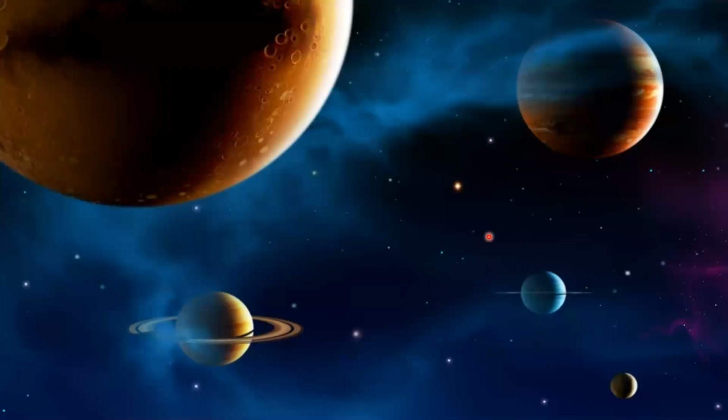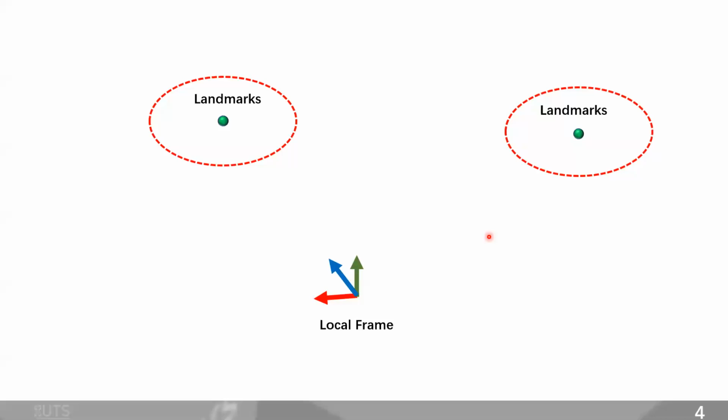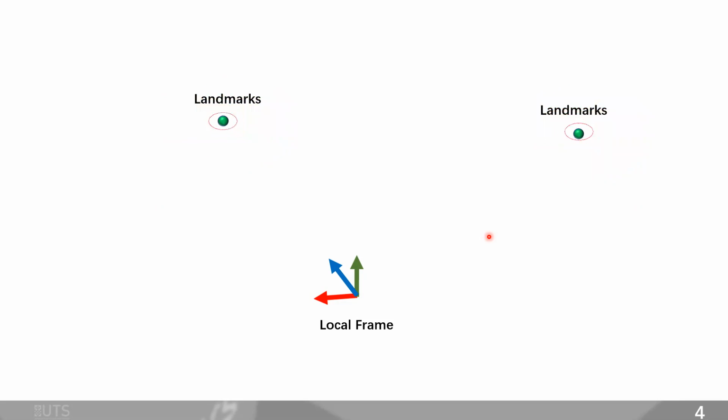The answer is no. The only thing you can get is the landmark's location in the local frame. And as you observe those landmarks, you can estimate a very accurate location of them in the local frame.